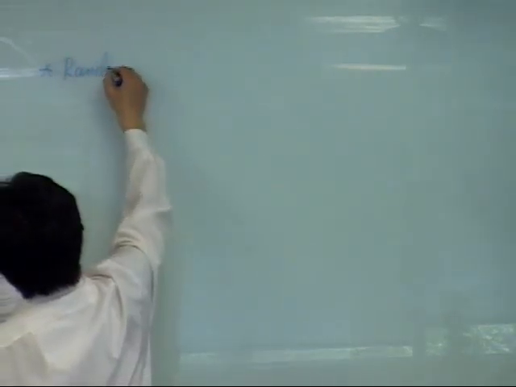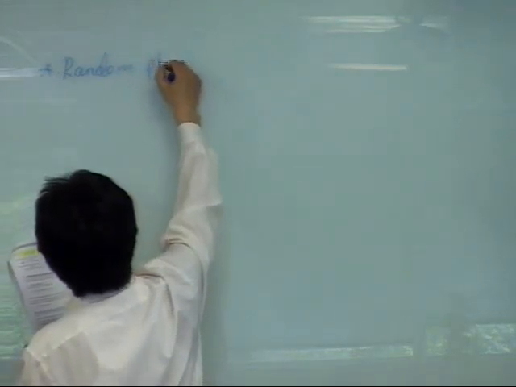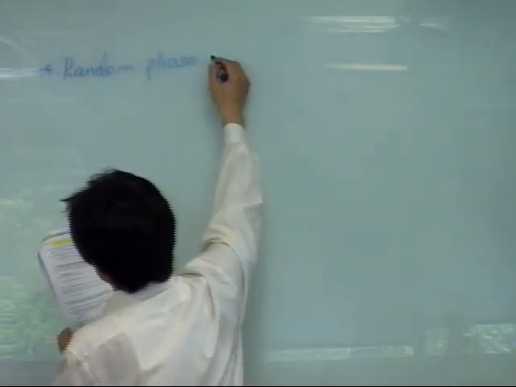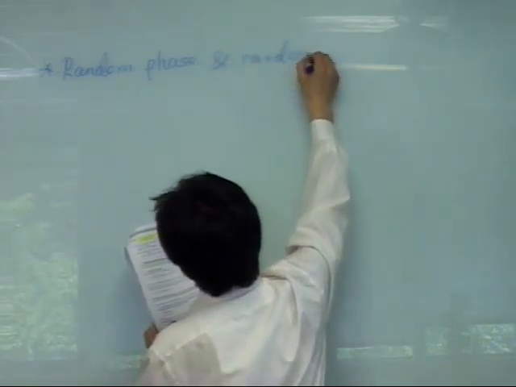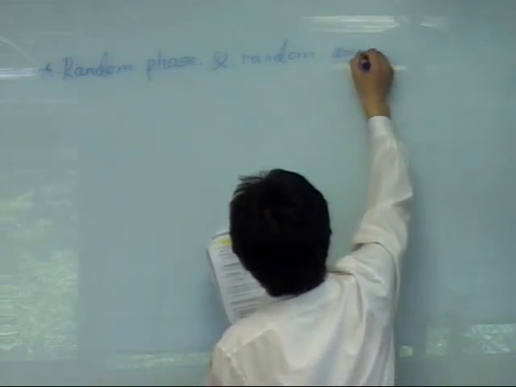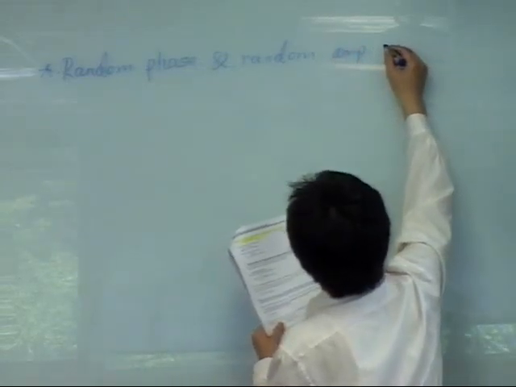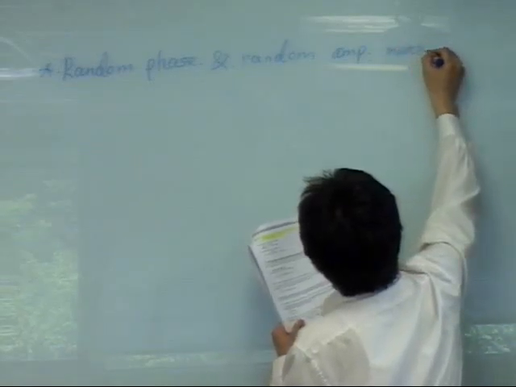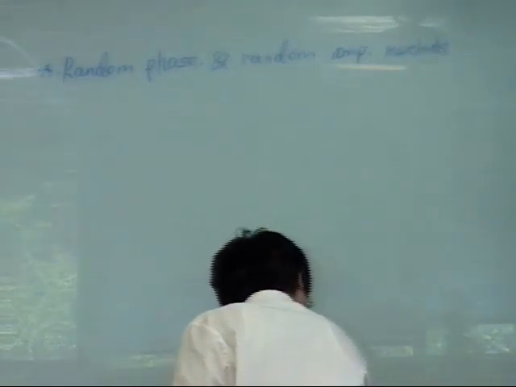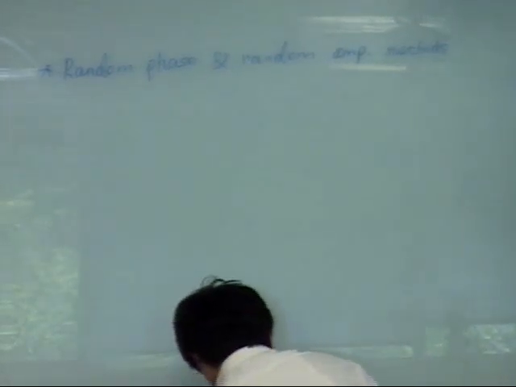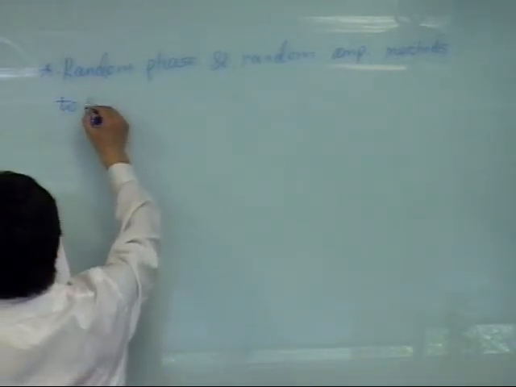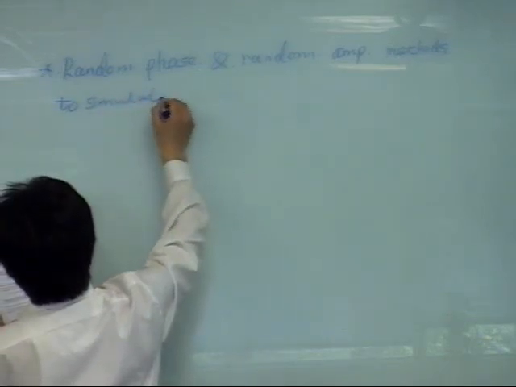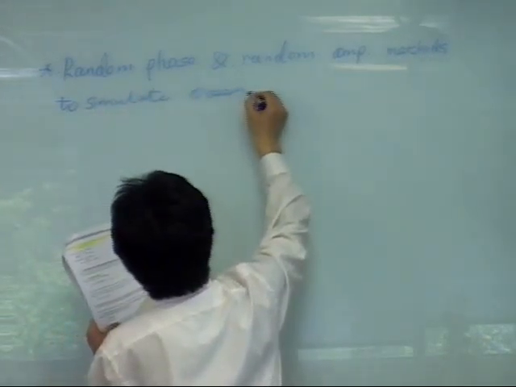It's called the random phase and random amplitude method to simulate ocean waves.